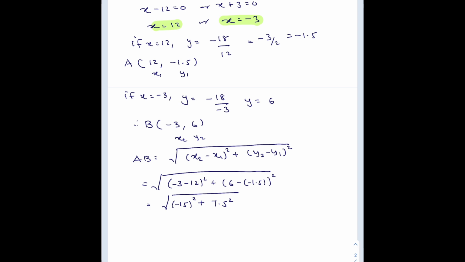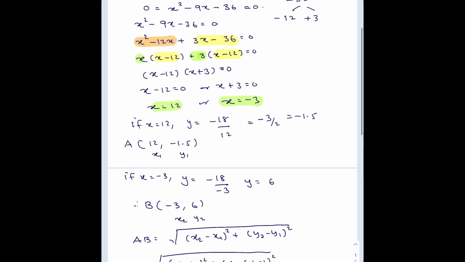Square root of that, I get 16.77050..., approximately 16.8 to 3 significant figures. That was 281.25 under the root, which is the same as that. Let's try the next question now.